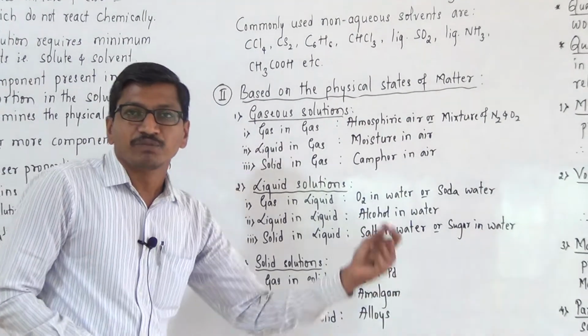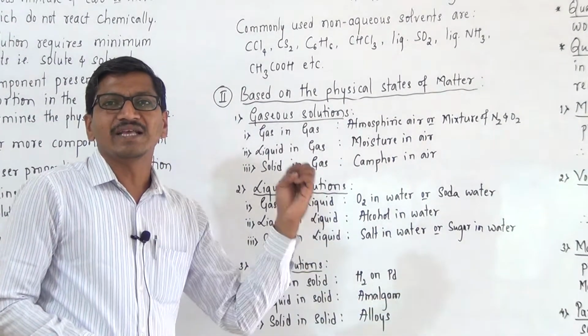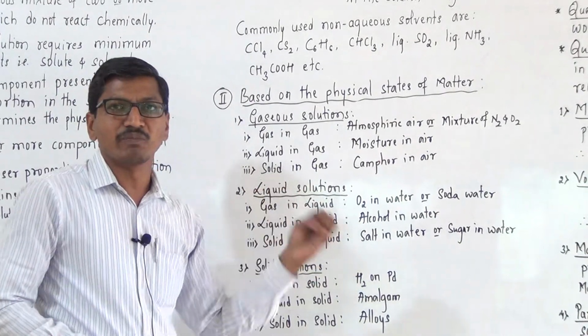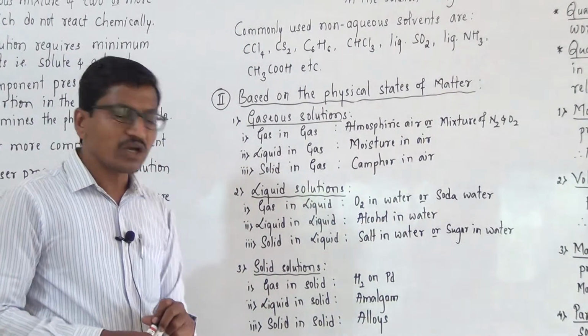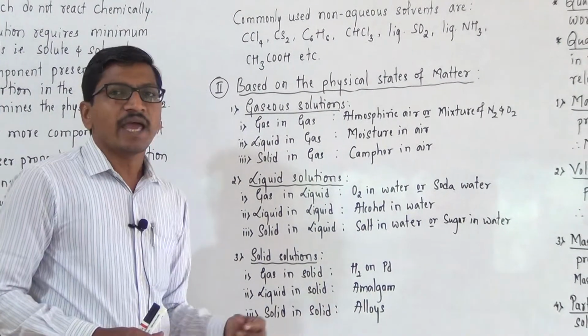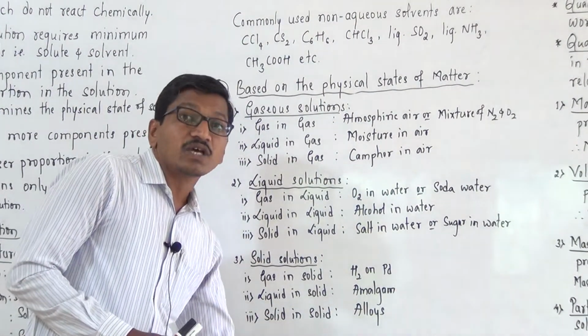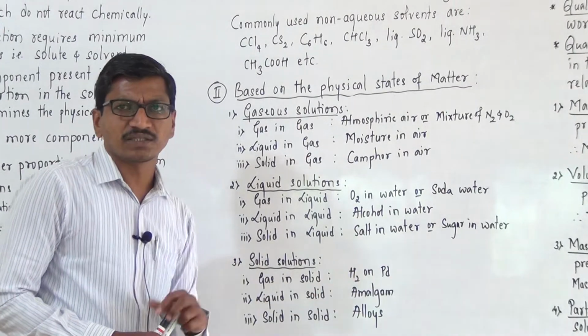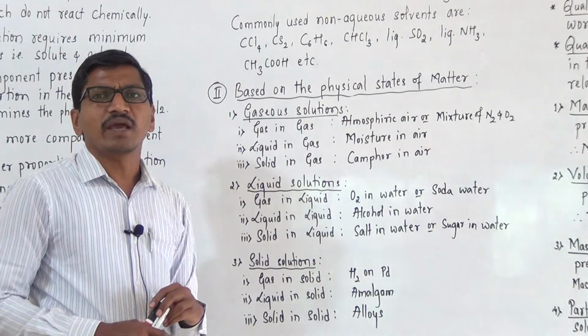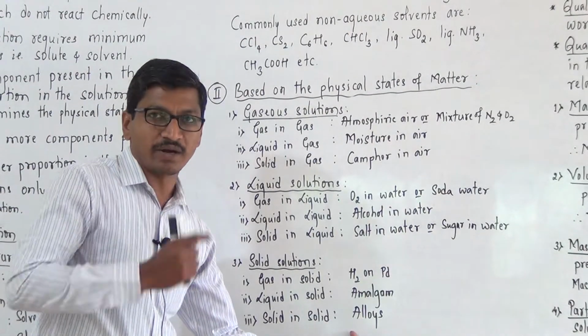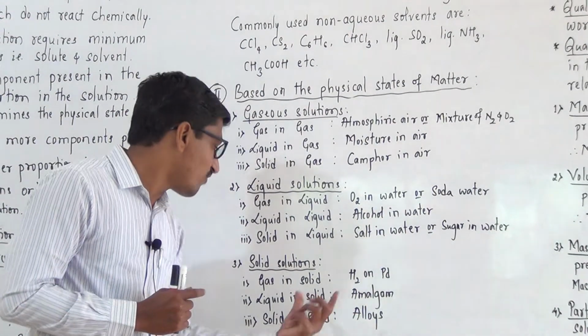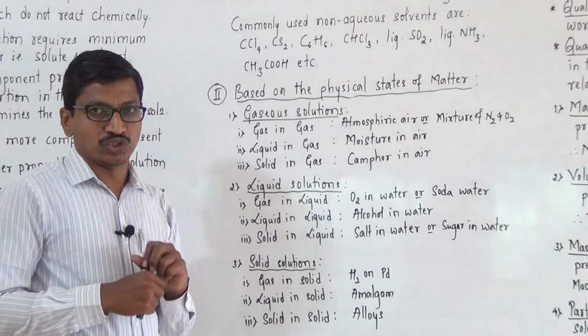Mercury is present in any metal like sodium or potassium, that is sodium amalgam, potassium amalgam. These are the examples for liquid in solid. Then the last one is solid in solid. Examples are alloys like brass, or a simple example is ornamental gold which is mixed with copper. This is the best example for solid in solid solutions.